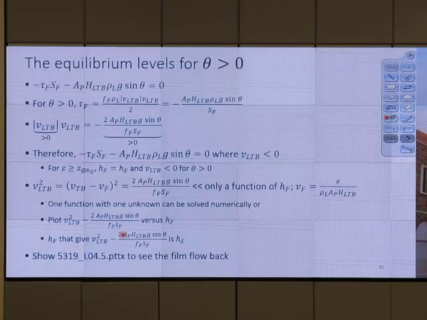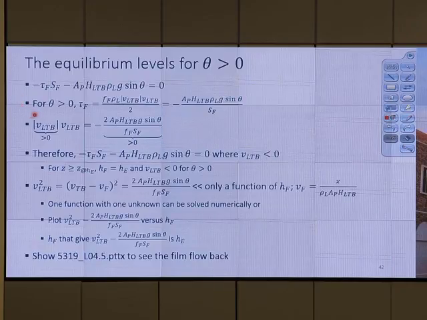Okay. So for the case where we have inclined flow, theta greater than 0, we find the equilibrium level by setting the numerator equal to 0. You see this numerator, set it equal to 0.